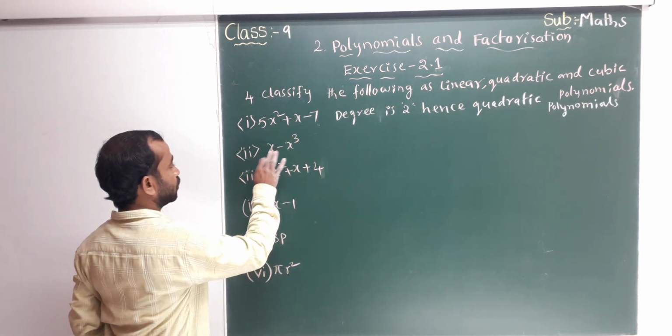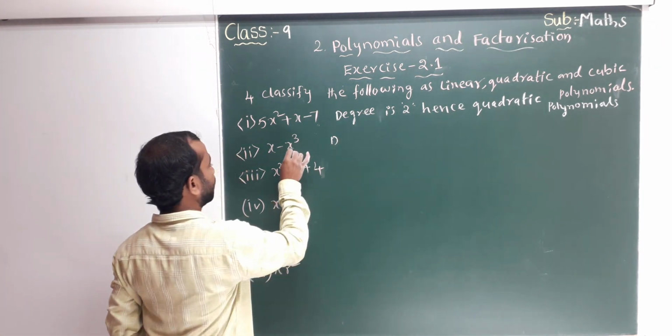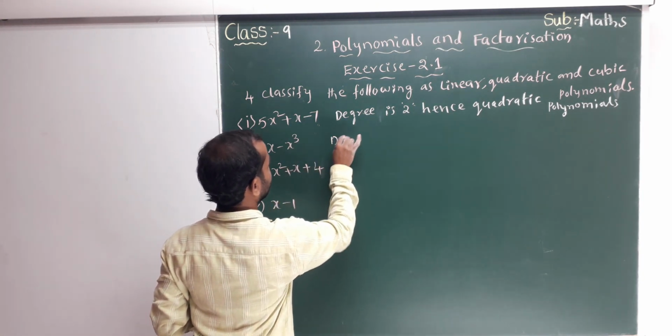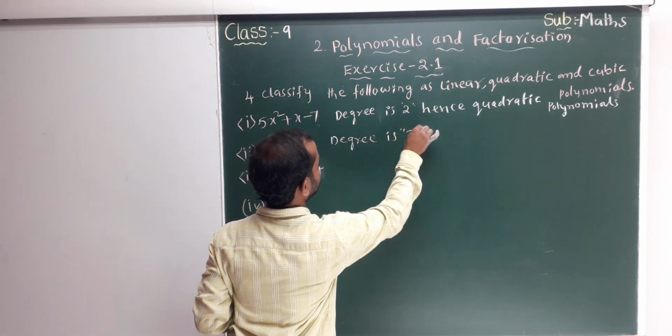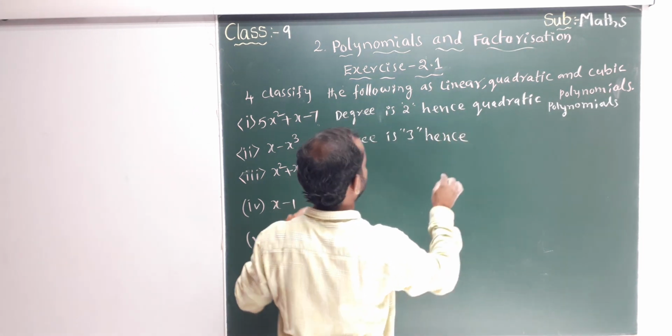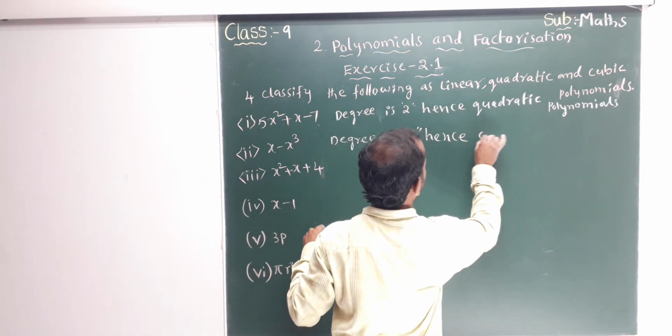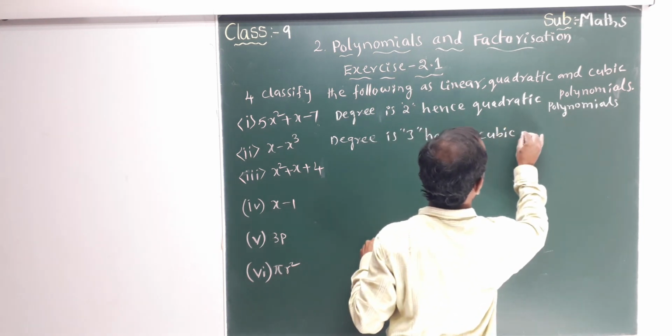Next, x minus x cube. Here the highest degree term is 3. The degree is 3. Hence it is a cubic polynomial.